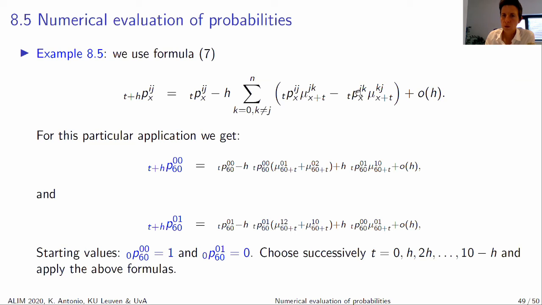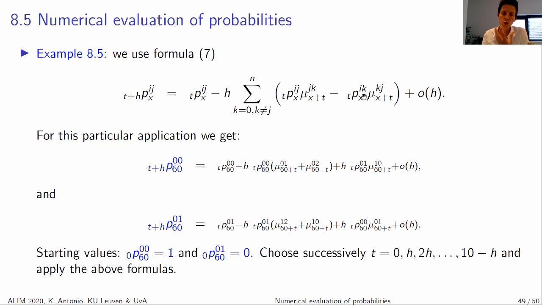If I put i is 0 and j is 0, is there a state k possible such that I can go from state 0 to this state k and then return to state 0 again? The only intermediate state k that is possible is state 1, because I can go from 0 to 1 and then again from 1 to 0. So I've got this possibility over here.